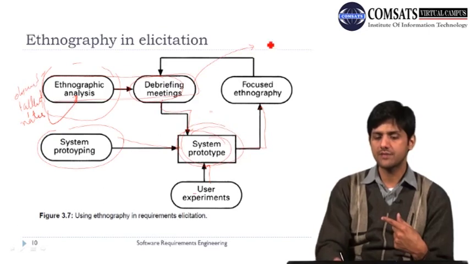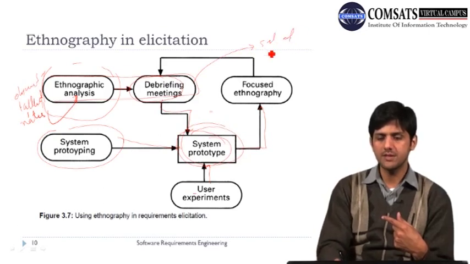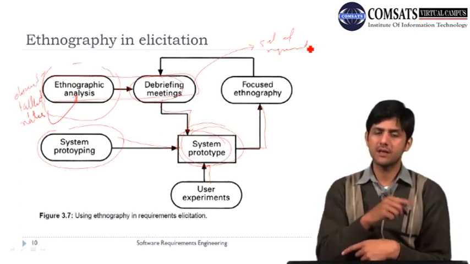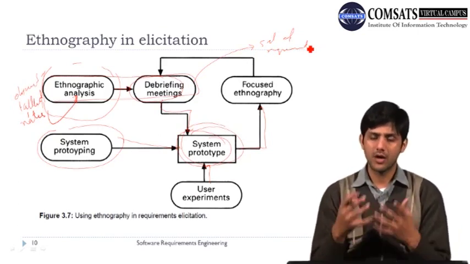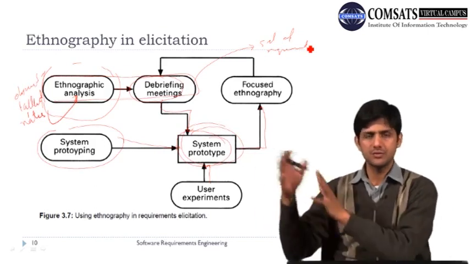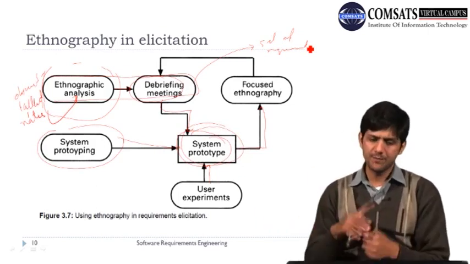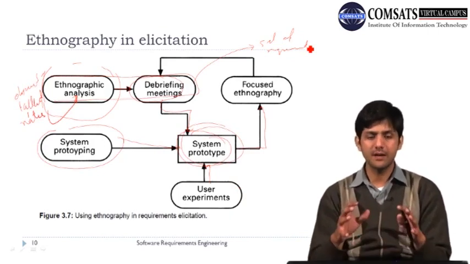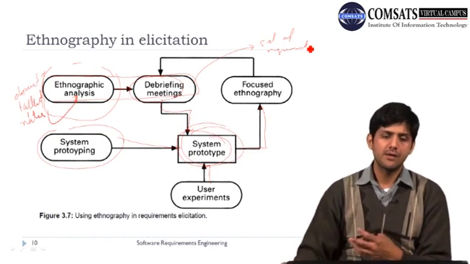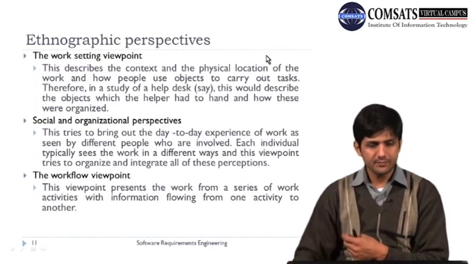After that, you have a set of requirements, and you do the analysis check and feasibility check that we talked about in our first lecture on the elicitation process, and you filter some requirements that you're going to specify later on. This is an example of how ethnography can be combined with prototyping, which is another requirements elicitation technique.